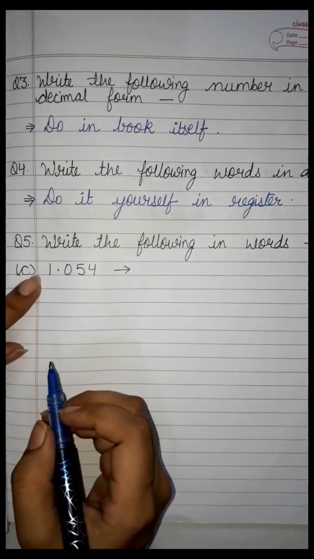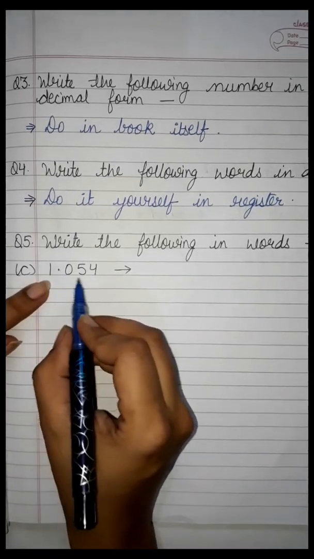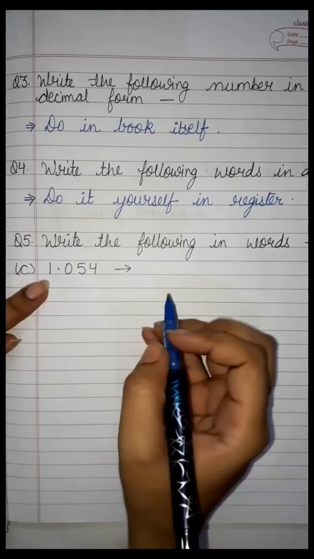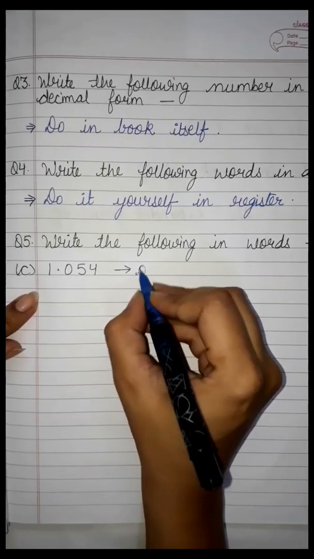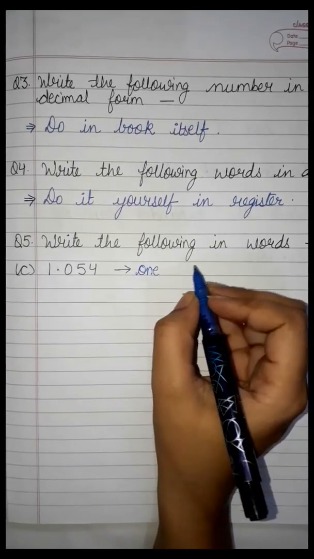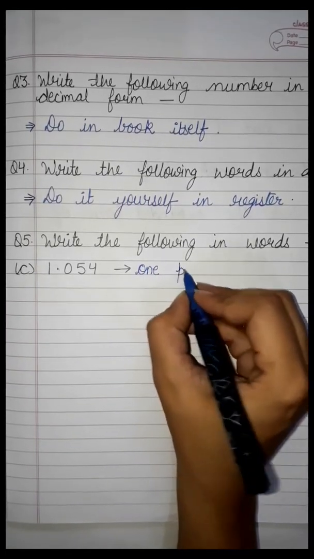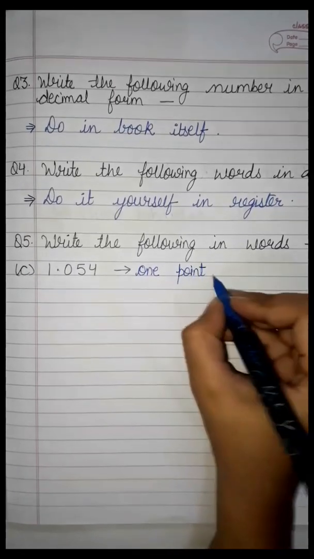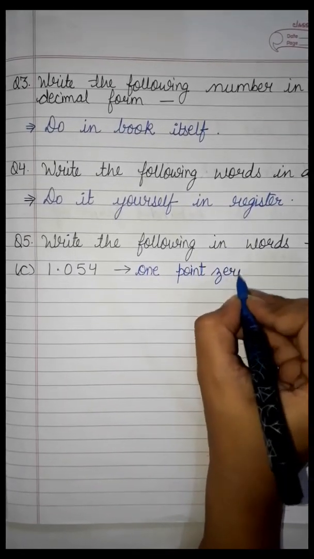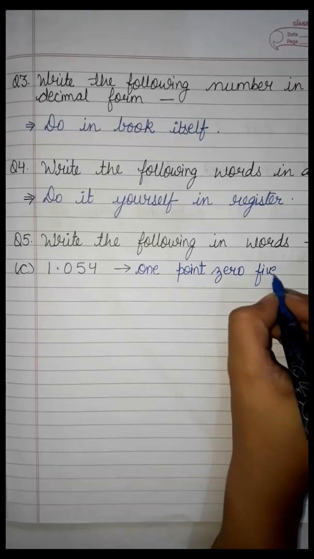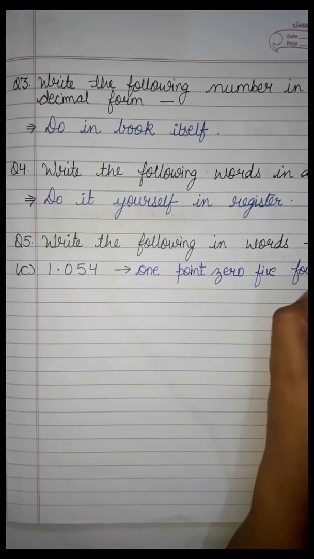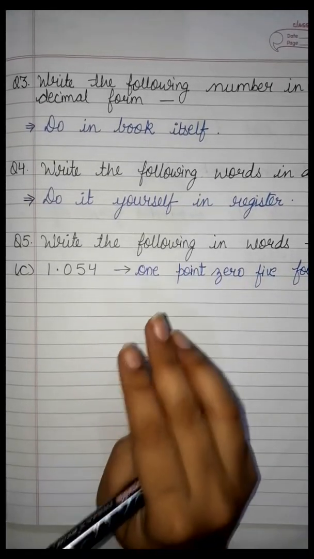Children, see the C part. 1.054. So you can write it as 1.054. Now 3 ways I am showing you.